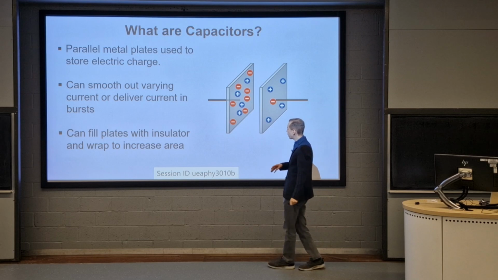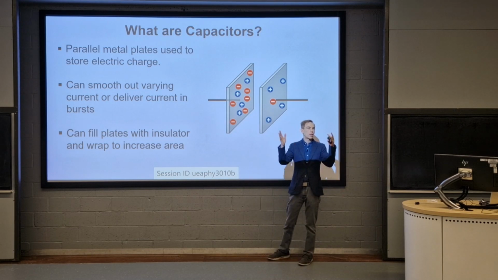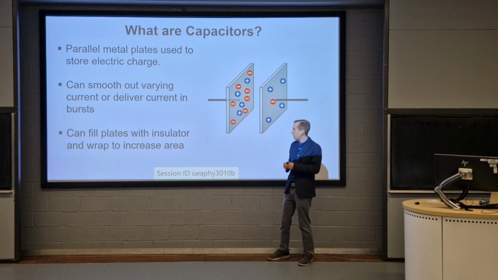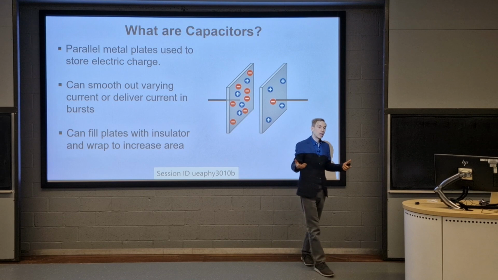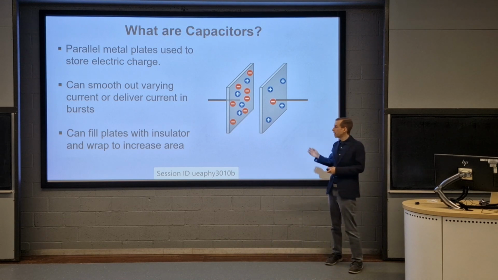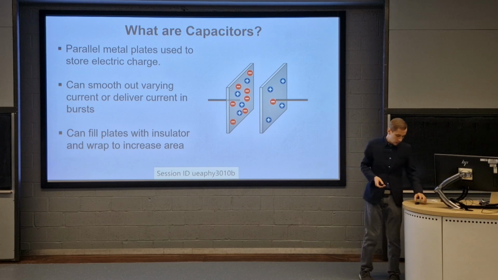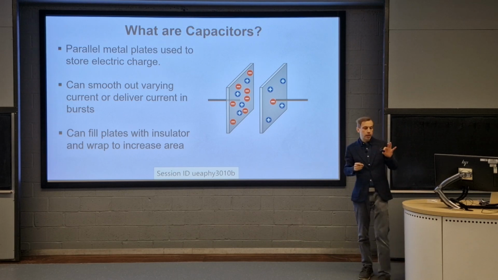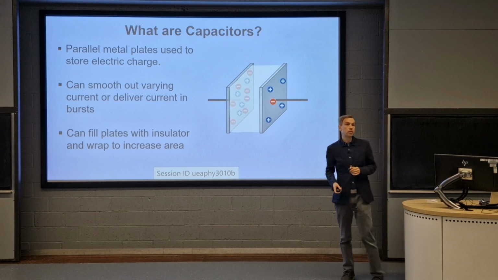Quite often you fill the gap with an insulator to stop the plates from touching, okay? And then also, you want to make these plates as big as possible, because that's going to allow you to store more charge, and then you wrap them up. So if you did, don't, but if you did dismantle one of these capacitors, you're going to find it's filled with all this kind of gunk between the two plates to keep them apart.